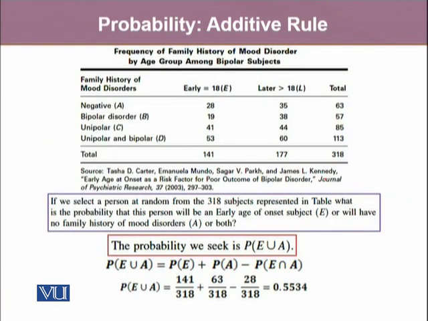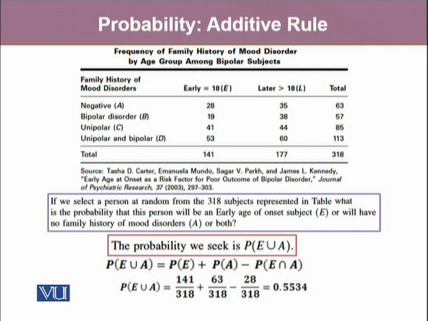So in our example of family history of mood disorders by age group, suppose we seek the probability that the person selected will be an early age onset subject or will have no family history of mood disorder, or both. Since there is a joint occurrence of these two events, these are not mutually exclusive events.